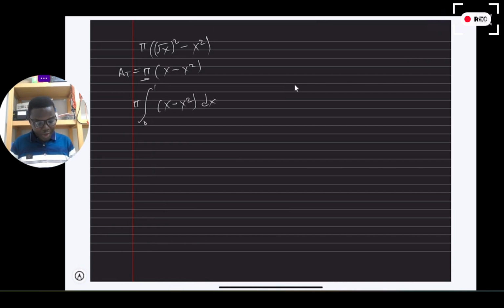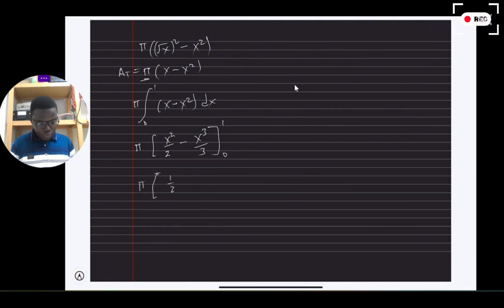So now let's go ahead and integrate what we have. If we are integrating what we have here, we are going to get pi out in brackets: x squared over 2 minus x to the power 3 over 3, with the limits of integration 0 to 1. So now I have pi out here.